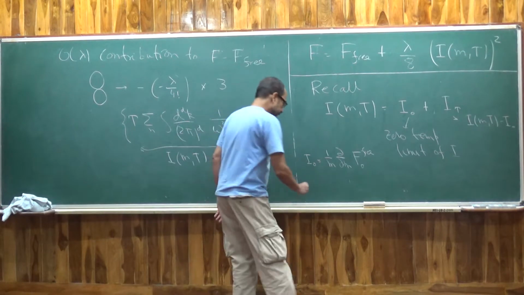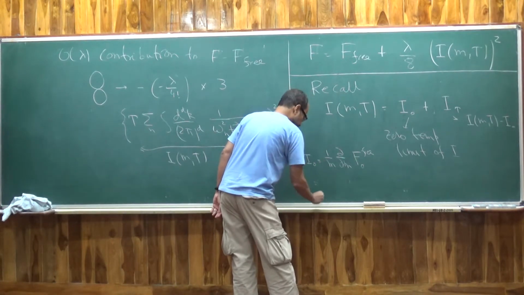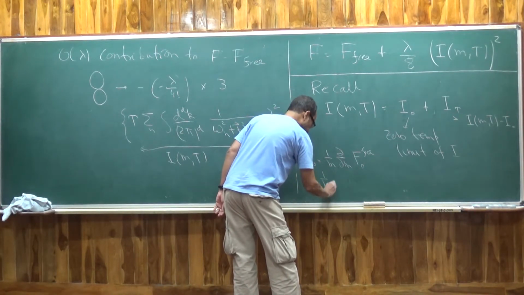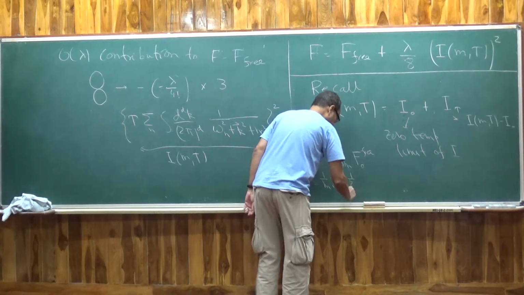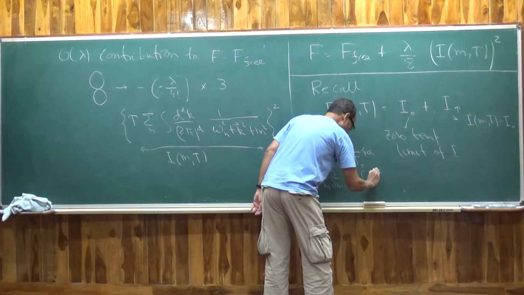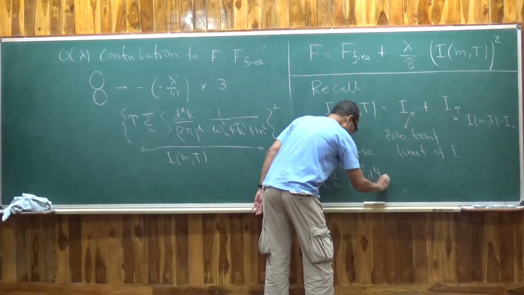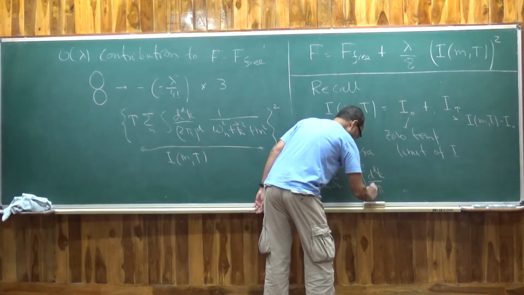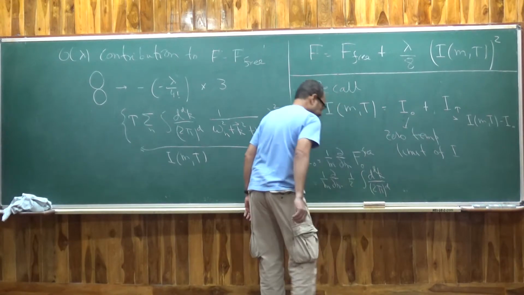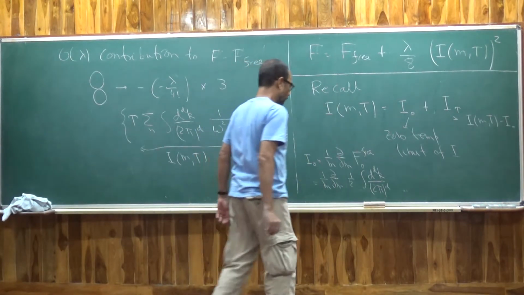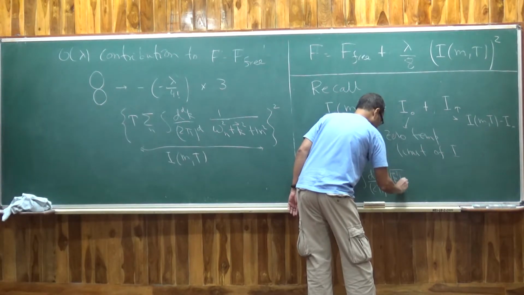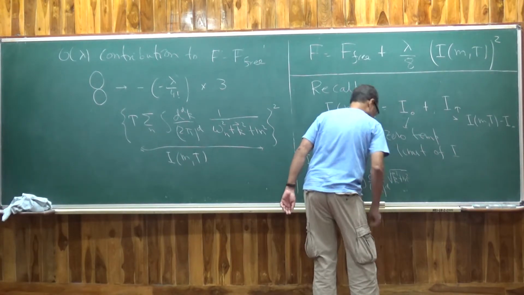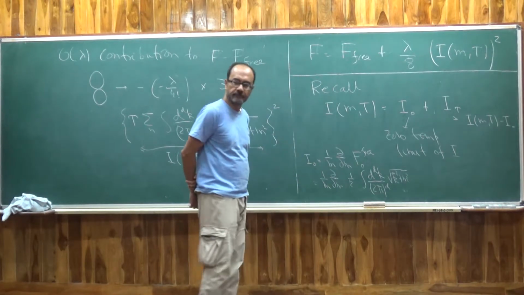More explicitly, this is 1 over m del del m of half integral d^dk over 2 pi to the d of square root of k squared plus m squared.